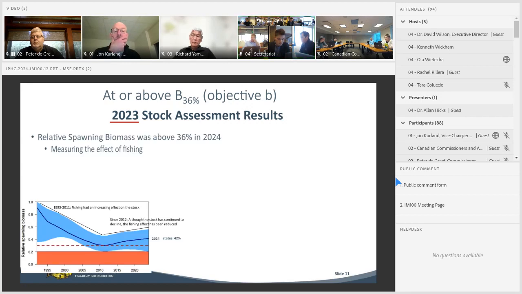What we saw was that relative spawning biomass was above 36%. It was estimated at 42% a year ago, and this is really measuring the effect of fishing. So we're above target. Actually, the stock status was increasing at that time. And that was the only view we had of the stock and the management, it would look like it was pretty good.